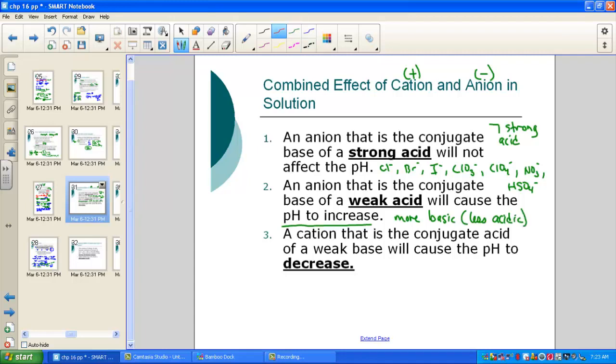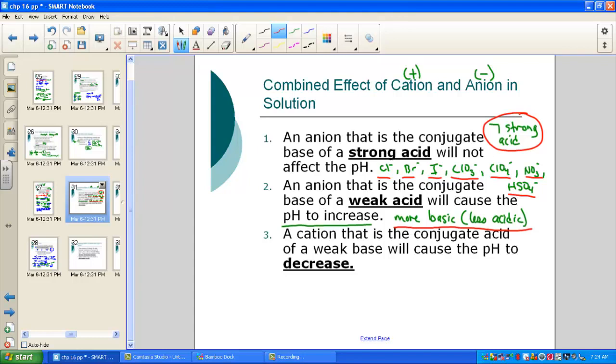There are 7 negative ions: chloride, bromide, iodide, chlorate, perchlorate, nitrate, and hydrogen sulfate, whose parents are strong, no effect on the pH. Every other negative ion will affect the pH by making it rise. The pH rises as something becomes more basic.